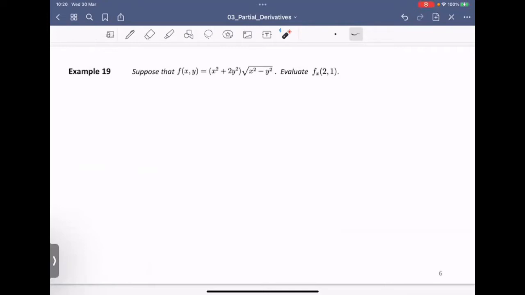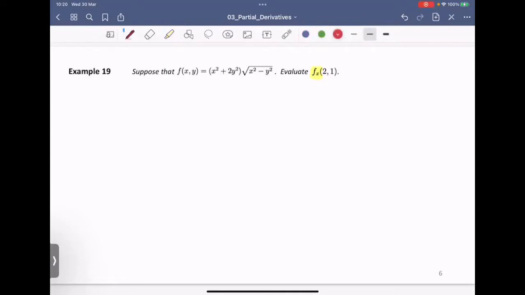All right, we're going to look at example 19 here. Suppose that f(x, y) equals this function. We want to evaluate the partial derivative with respect to x at the point (2, 1). So how will you do it? Again, f subscript x means you have to take the partial derivative with respect to x, which means you have to view y as a constant.